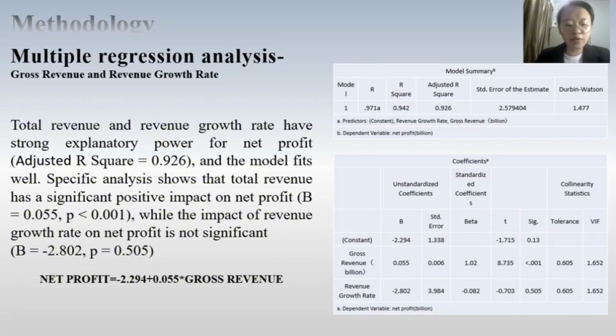At the same time, we can see the p-value of gross revenue is less than 0.05, indicating that it has significant impact on net profit. However, the p-value of revenue growth rate is greater than 0.05, indicating that it has no significant impact on net profit and we can ignore it.